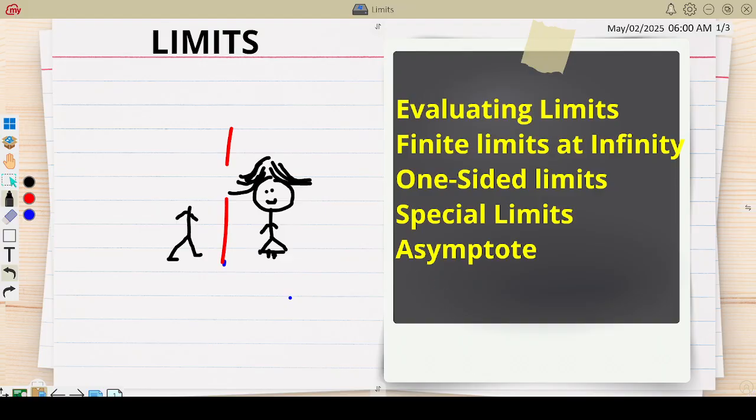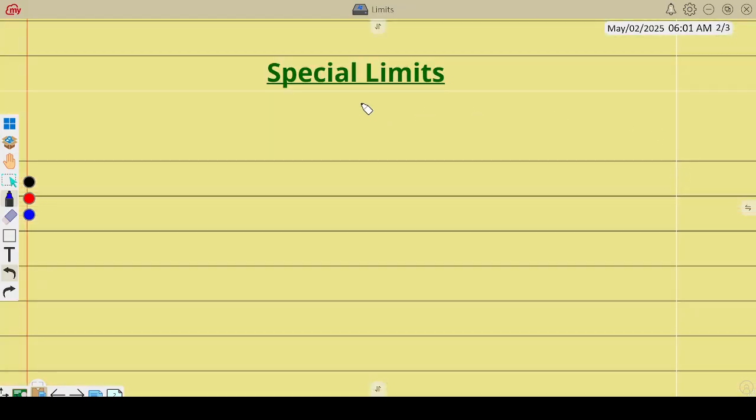But before we go to one-sided limits, it would be better if I teach the special limits. So let us talk about the special limits and then we'll go to the other one. Yeah, so almost done.